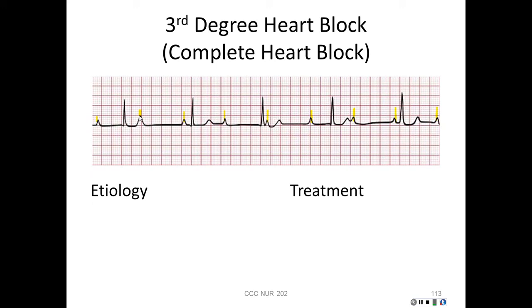There's 1, 2, 3, 4, 5, 6, 7, 8, a rate of 90 on the atrial. We do the ventricular, 1, 2, 3, 4, 5, a rate of 50 like the other one. Really what we're seeing is the ventricles firing at their own rate and the atrium firing at their own rate. If you march these out, they're going to be very regular.